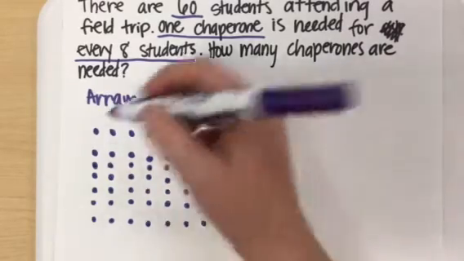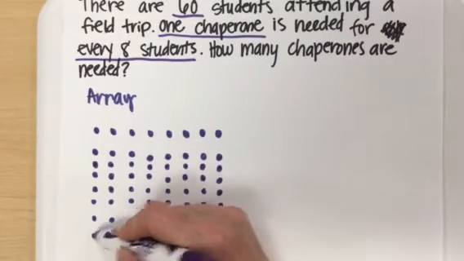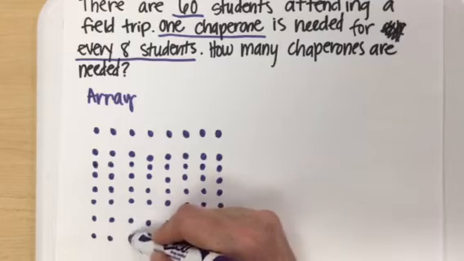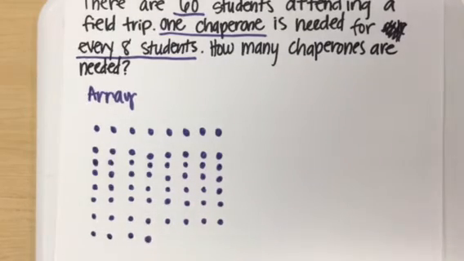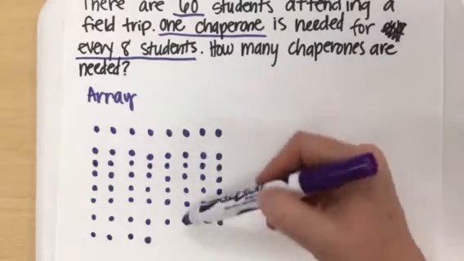I think I'm getting close. I don't think I'm going to need a whole other row, so I'm going to do it down here. 57, 58, 59, 60.